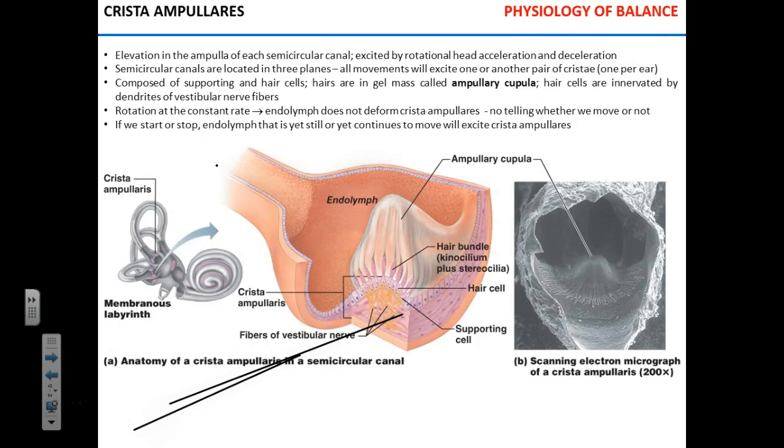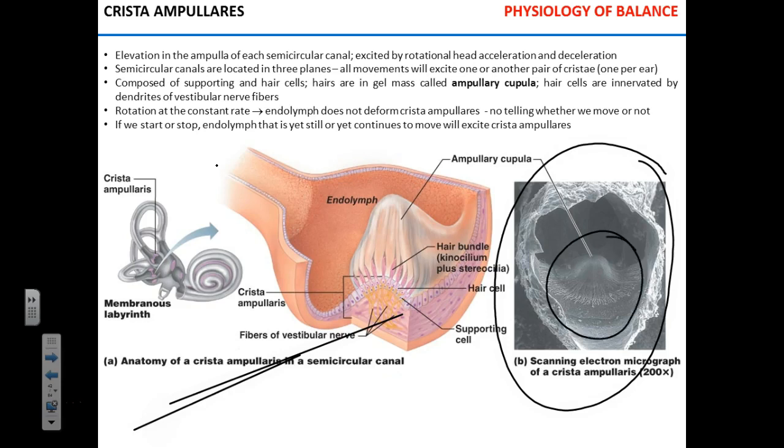Now, what about rotational movements? Semicircular canals are responsible for sensation of those rotational movements. In each semicircular canal, which is shown right here in an opening cross section, you have the structure called crista ampullaris, and you can see the depiction of crista ampullaris here.